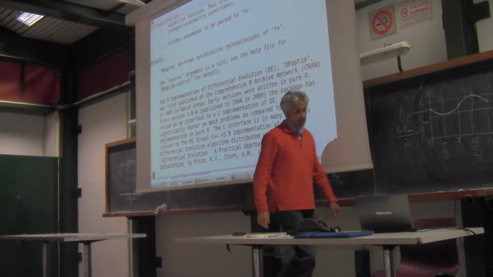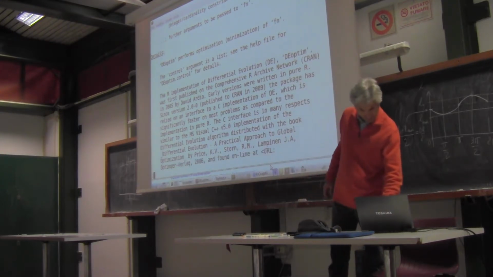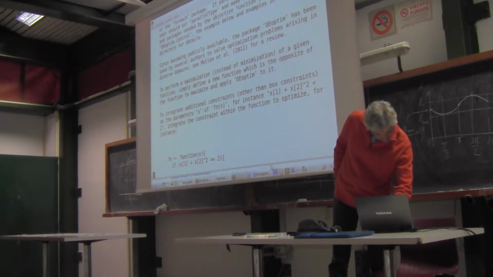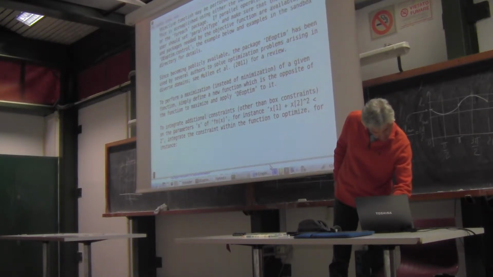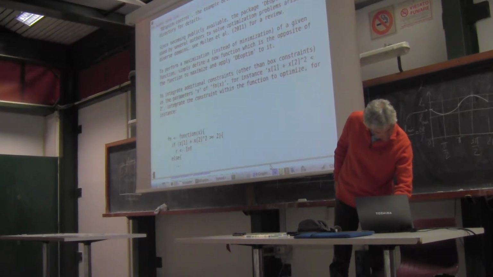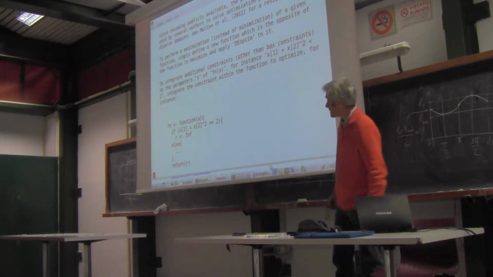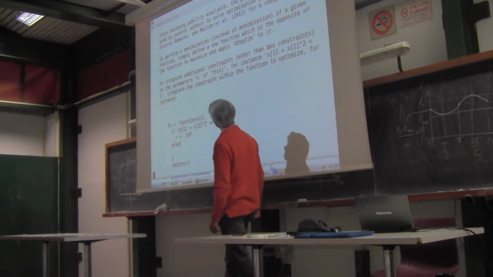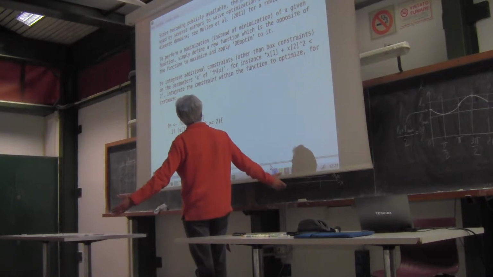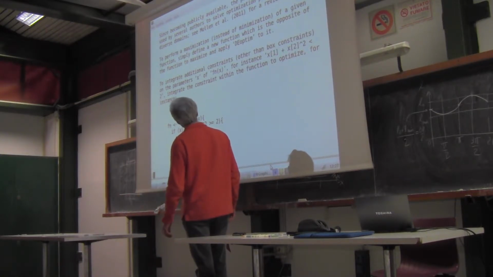Okay, let's see if there are examples. This is important. Let's just see. Okay. To perform a maximization instead of minimization of a given function, simply define a new function which is the opposite of the function to maximize and apply the DEoptim to it.